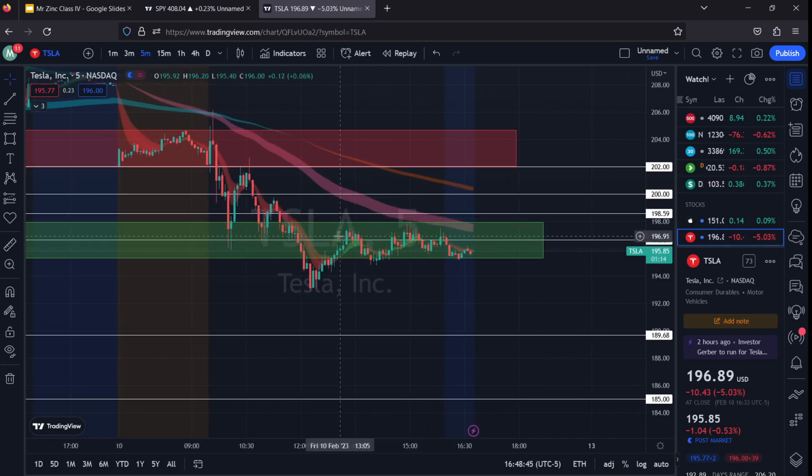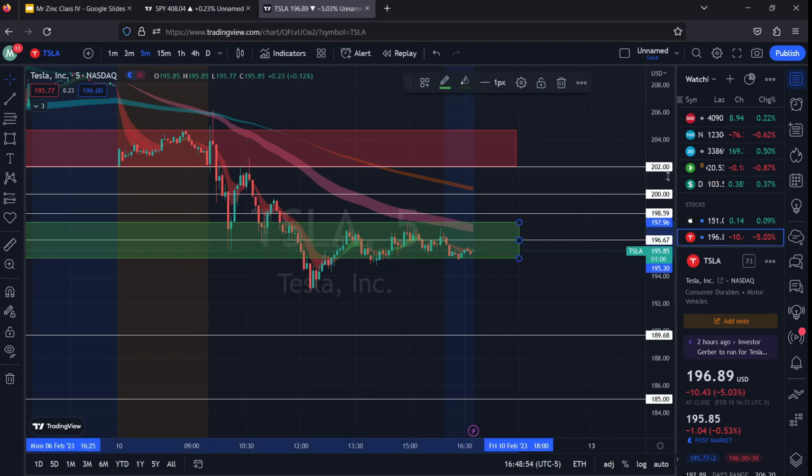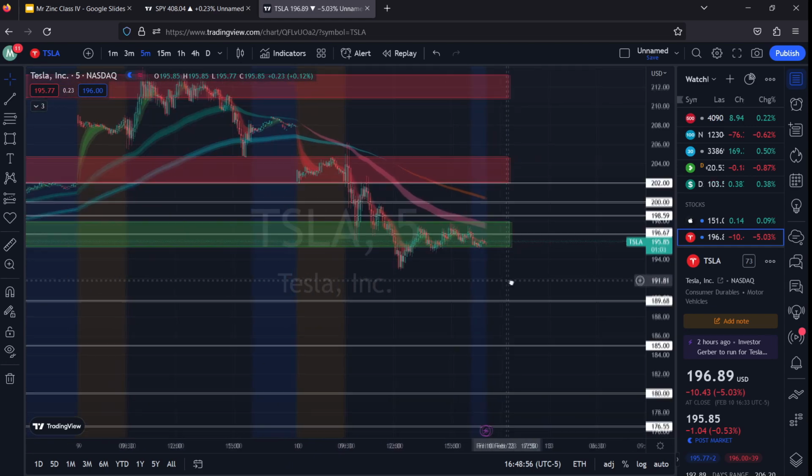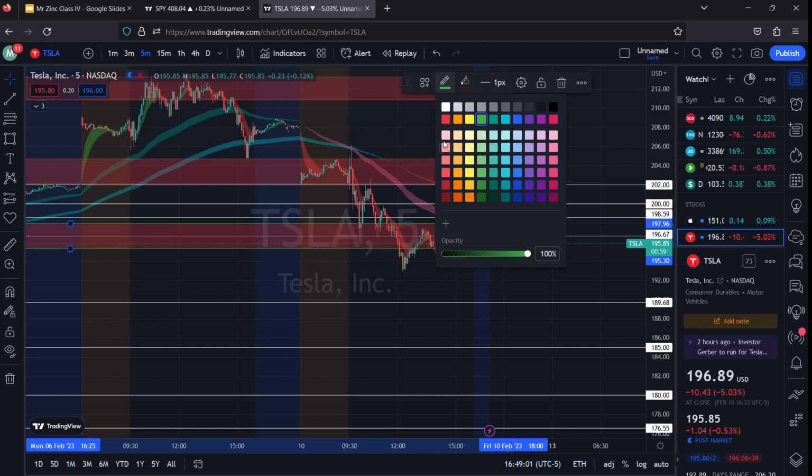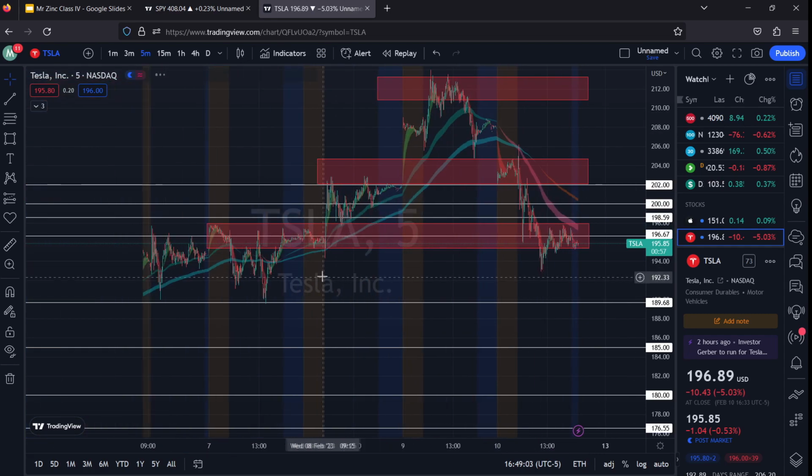But this zone here has now turned into supply because we did break below, and we're currently rejecting off of that supply zone. So if I had to predict what was going to happen just using supply and demand, I would say that this zone is likely going to turn into a supply zone, and then we can zoom out.